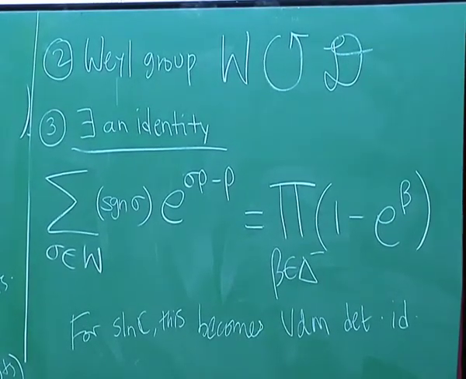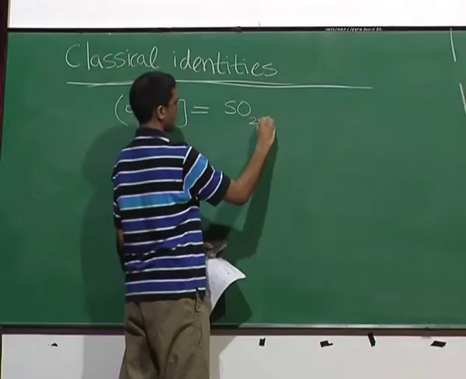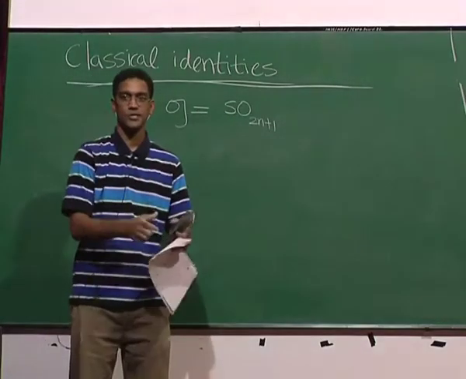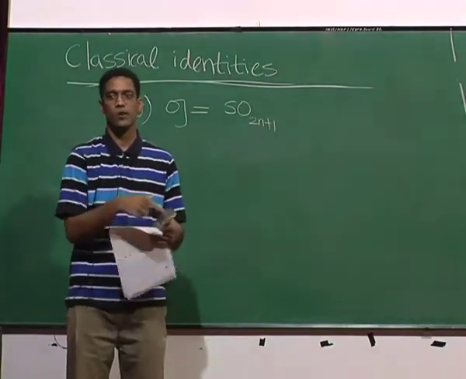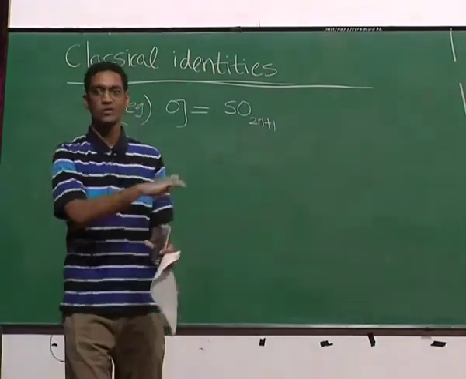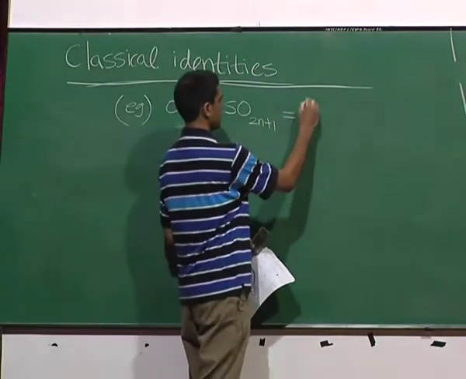So here for instance, if I take the Lie algebra called SO to n plus 1, which is instead of all matrices of trace 0, you only take what are called the orthogonal Lie algebra, so this is basically all skew symmetric matrices.